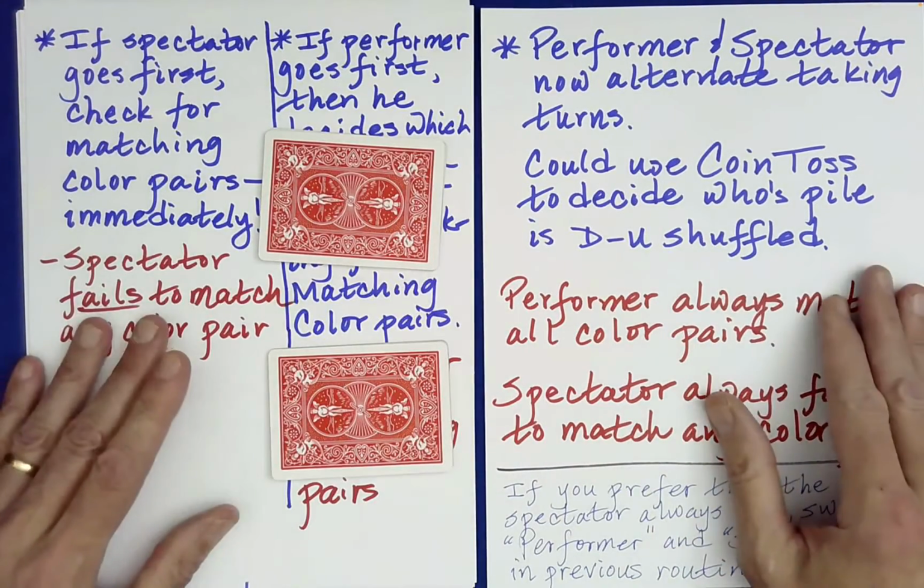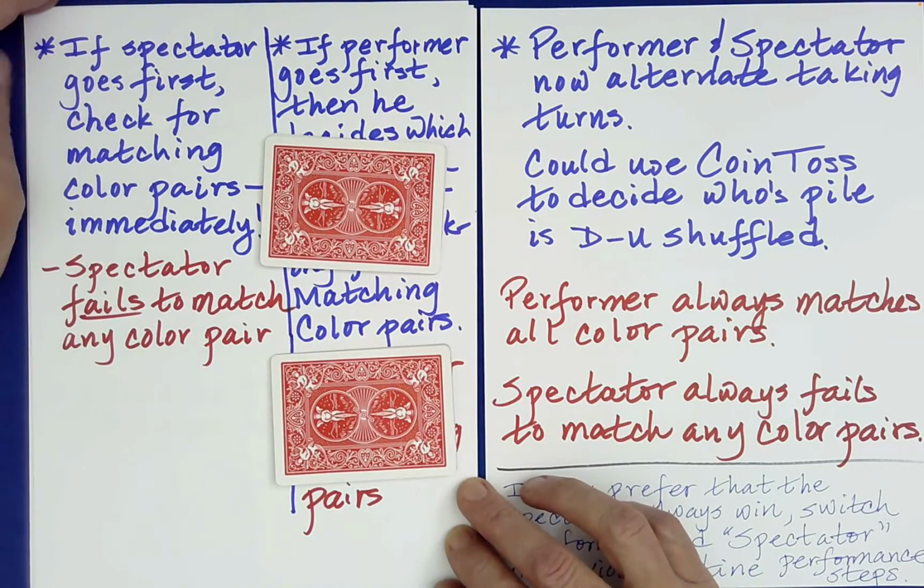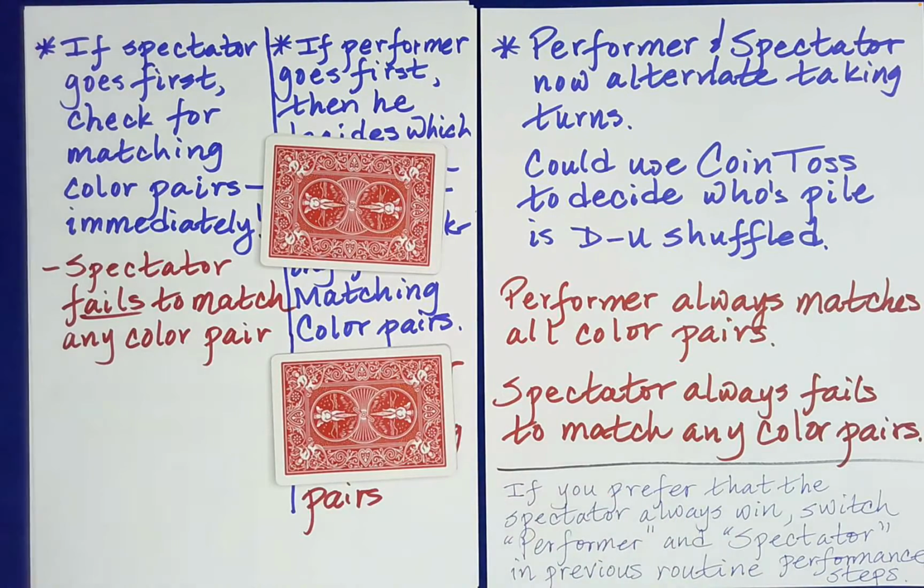So you just exaggerate that and feign chagrin and disappointment and humiliation that you just can't seem to win at anything, and just how lucky the spectator is. I mean, it's one thing for them to match 3, 4, or 5 of these pairs, but to match all 8 pairs every single time is like, what is going on? How can anyone be so fortunate and so lucky?